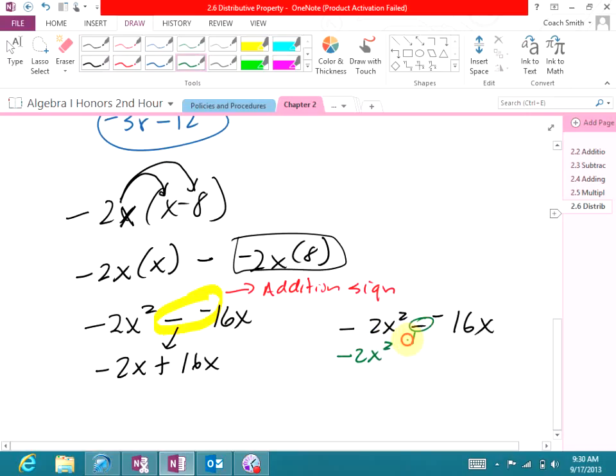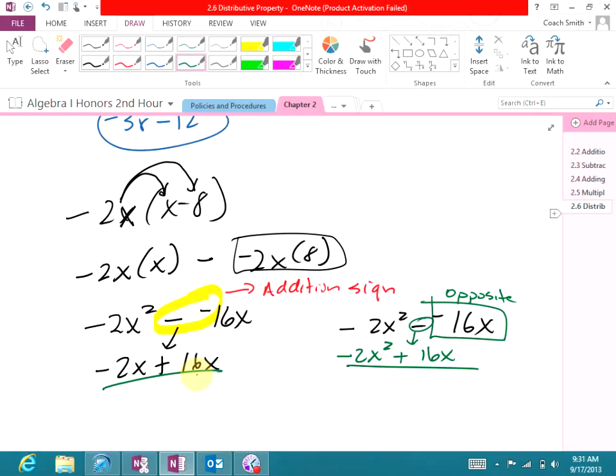I change that to addition, and I do the opposite of negative 16x, which is positive 16x. So these two expressions are exactly the same, and they need to be expressed that way. It's really not considered simplified if you don't do that.